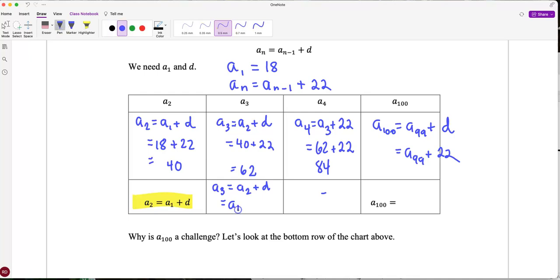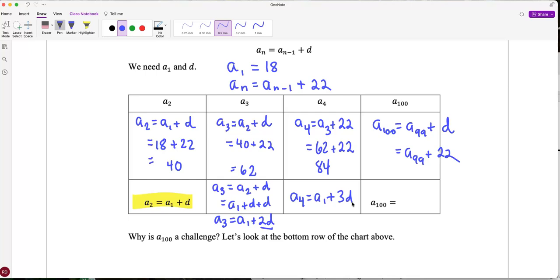So this is A1 plus D plus D. So A3 is A1 plus 2D. And then if you think about it, A4 is going to be A1 plus, instead of 2D, 3D, okay?